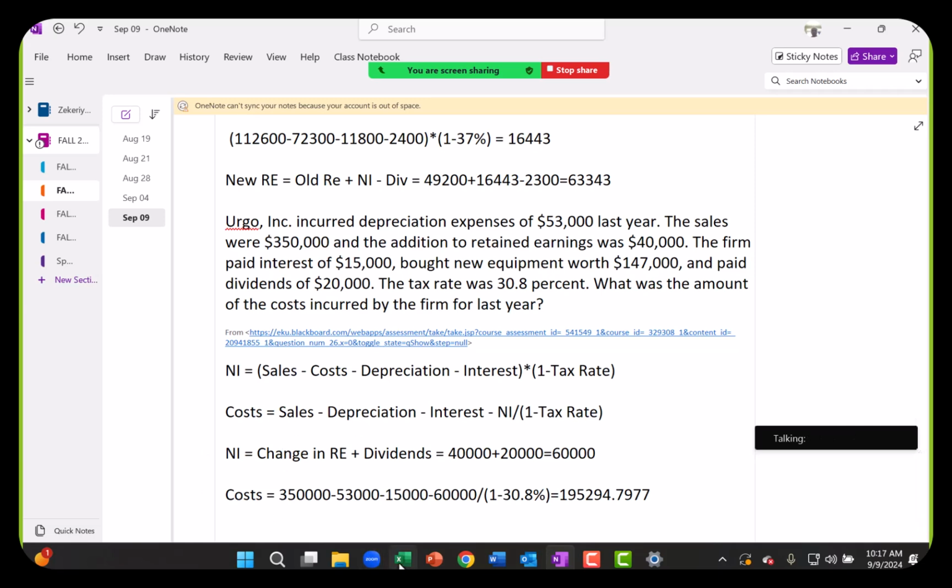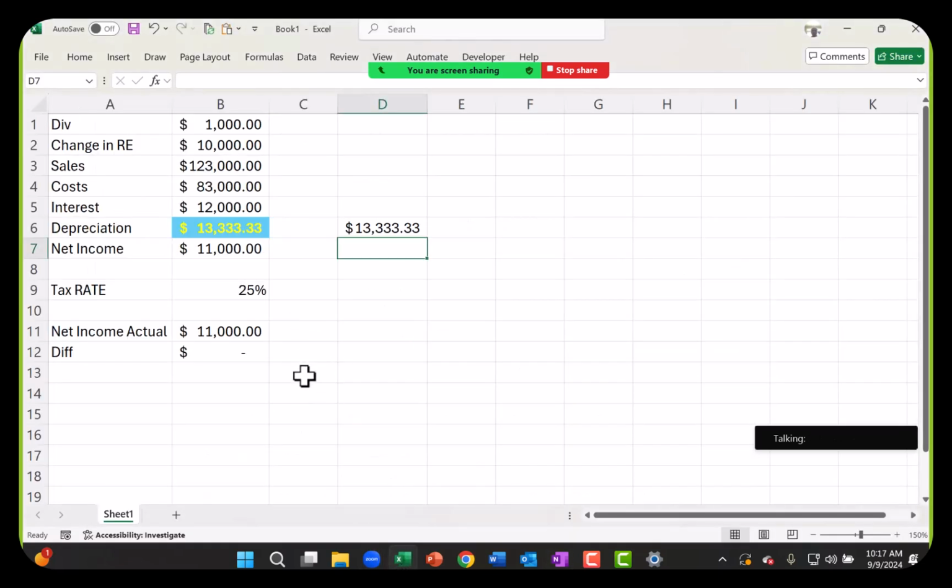In fact, I'm going to give you this as a template. We know our dividends, 20, change in RE, 40. I don't know the costs.